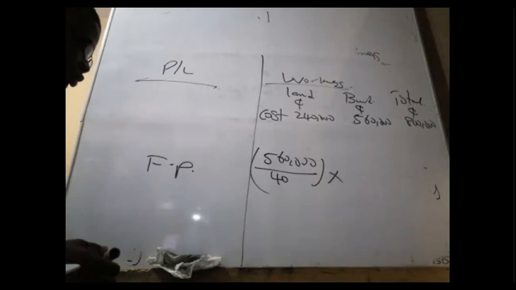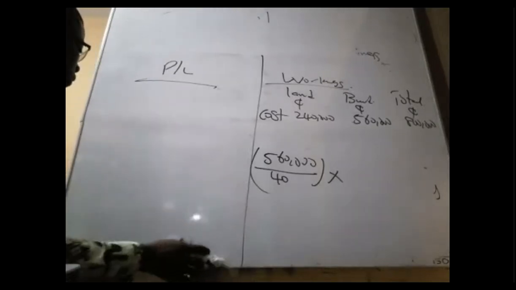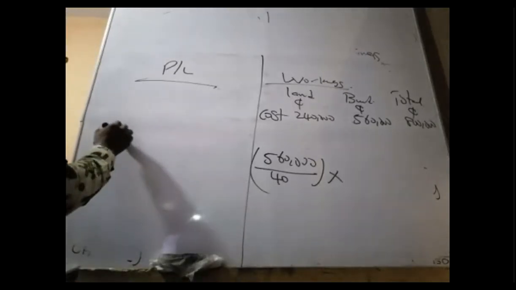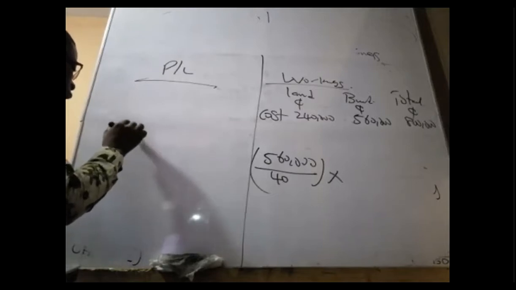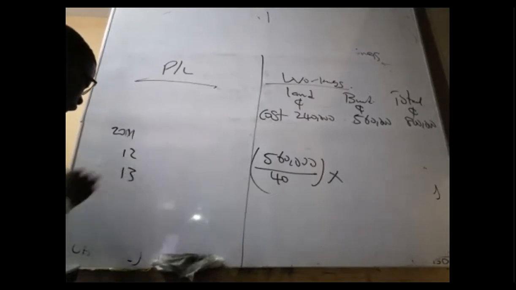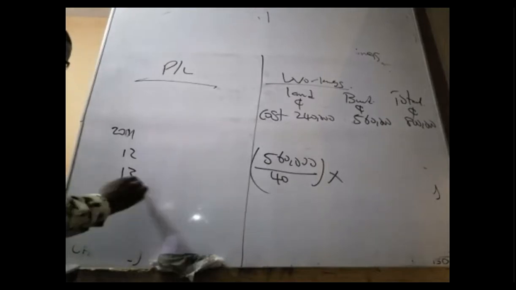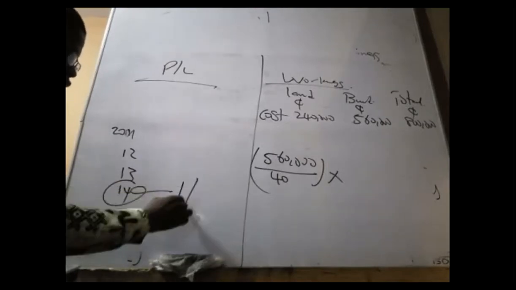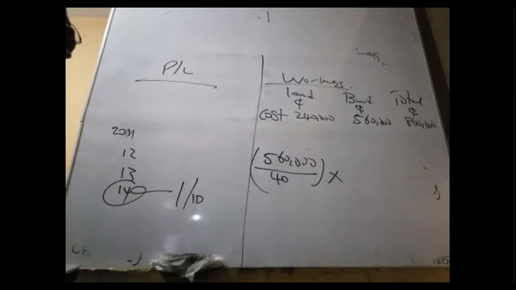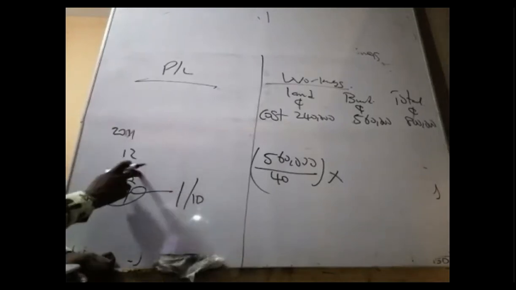So let's see. January 2011 up to October 1st 2014. It will be 3 years, 10 months. No, I don't agree. October is not part, because 1st of October is the same as 30th September.